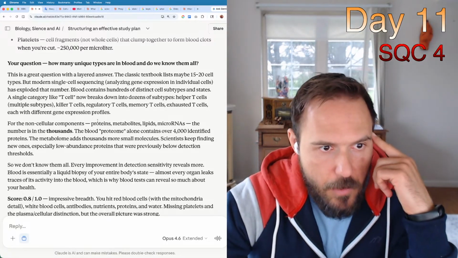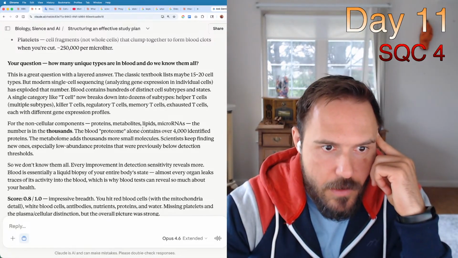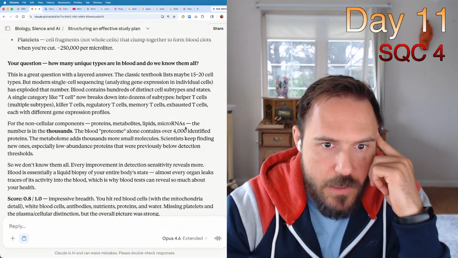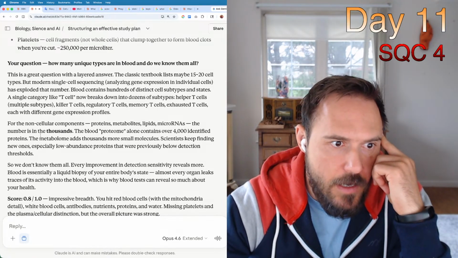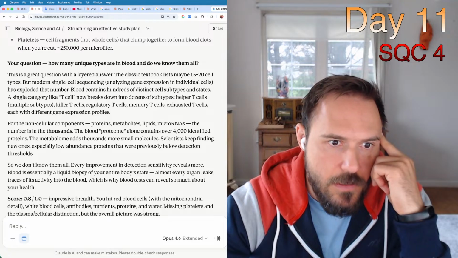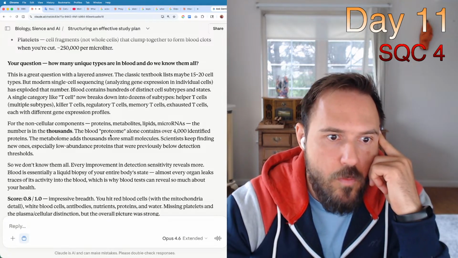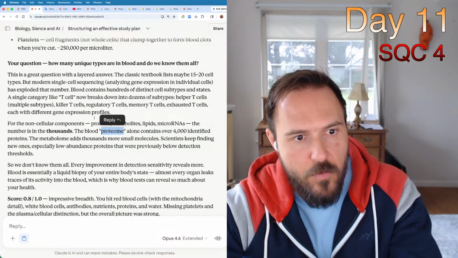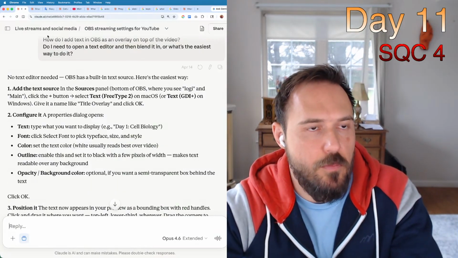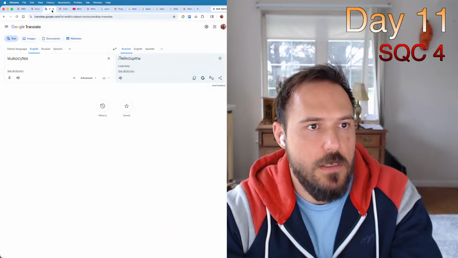For the non-cellular components, proteins, metabolites, lipids, microRNAs, the number is in the thousands. The blood proteome. So that's the plasma, right? That's what we're talking about, not cells.